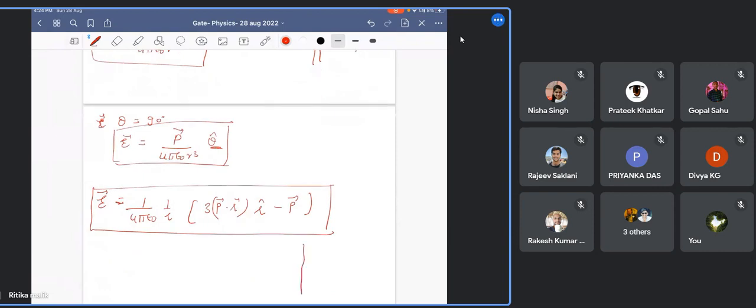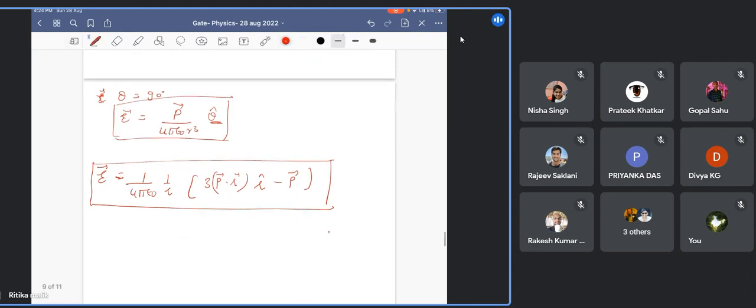And how can we write it? In that case, we have to assume that our p vector, which is our dipole moment, makes an angle theta with the z axis. Let's draw it again.